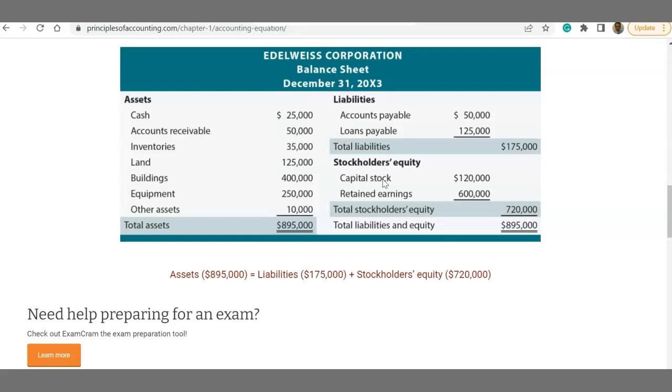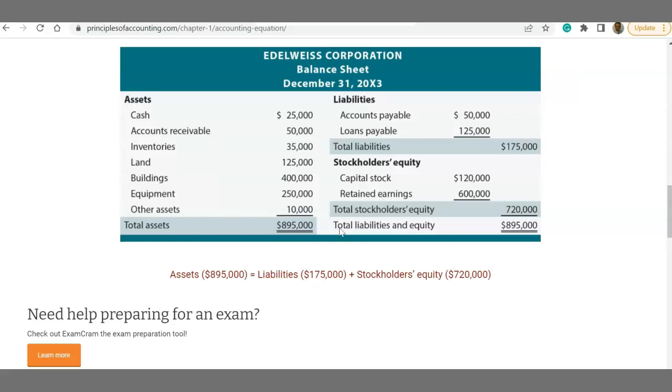You see, income will be added to the capital and withdrawal will be deducted from capital. What is withdrawal? Because it's a sole proprietorship, the owner can, anytime he likes, go to the bank and withdraw some money and go to vacation, whatever. So that withdrawal will reduce the owner's capital. So there is no retained earning, there is no dividend.